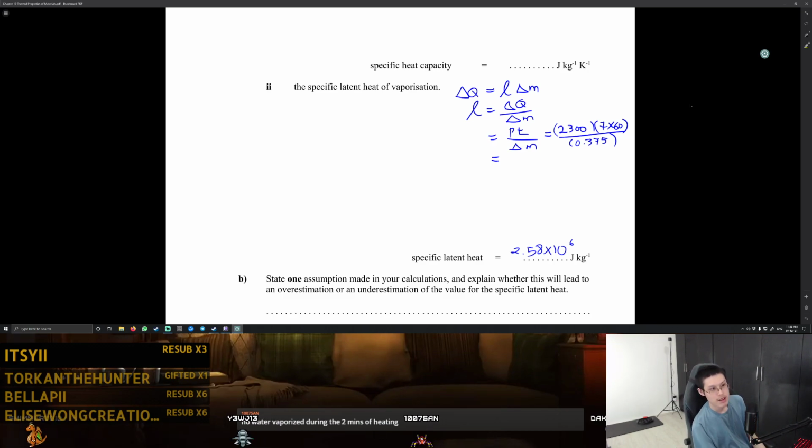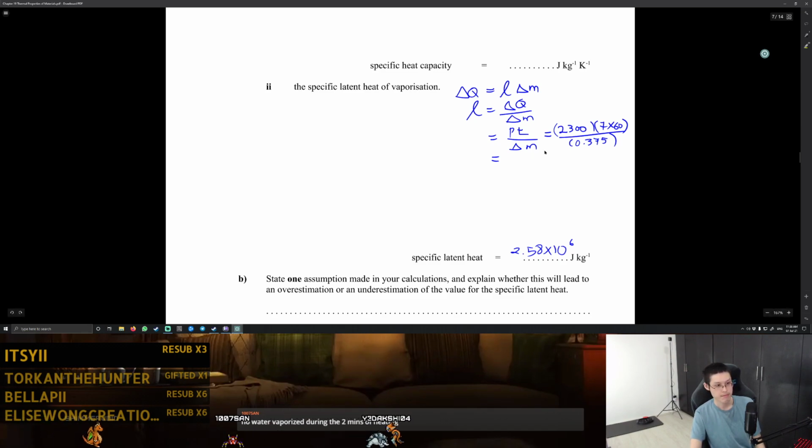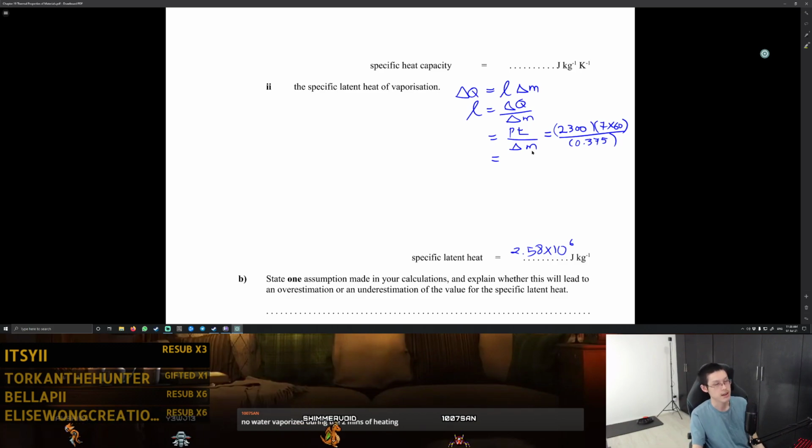Okay, so let's say we go with the answer that no water vaporized during the first 2 minutes of heating. So in fact, when you are heating this guy as it's boiling, the delta M, there's actually a constant rate of evaporation that happens regardless of whether it is boiling or not.